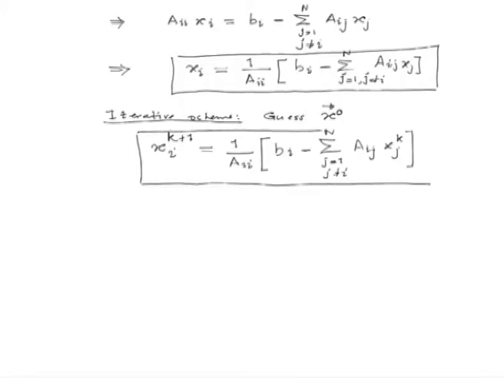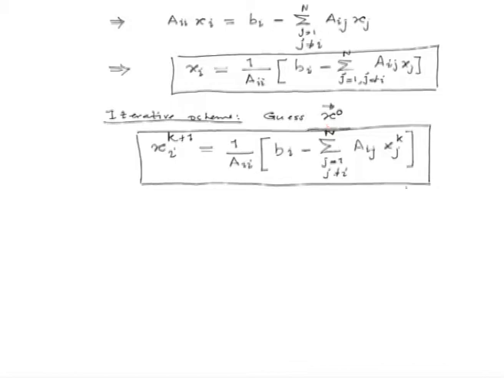So, this is a simple algorithm. We cannot think of anything simpler, and if you compare with what we discussed for nonlinear systems, it is very similar to a Picard iteration, or vice versa. Maybe Picard iteration might have been obtained drawing an inspiration from Jacobi's method.